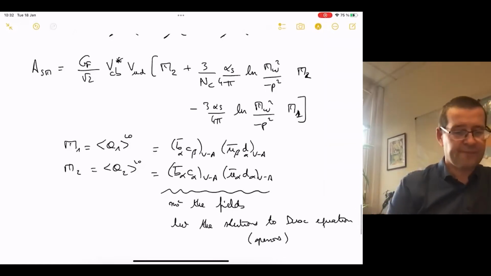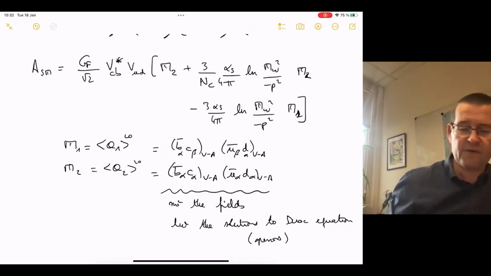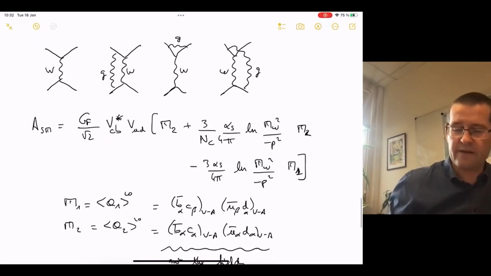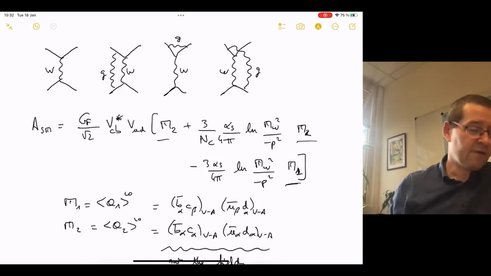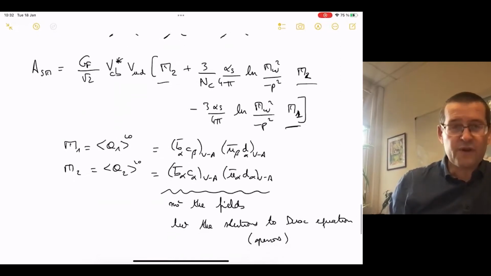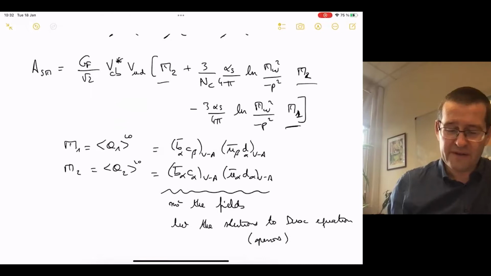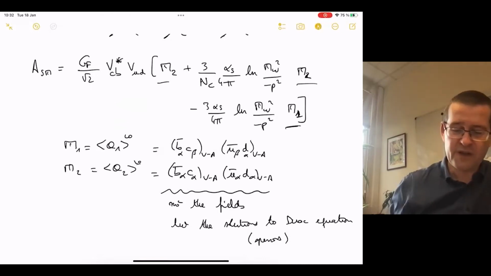You do have two contributions from the gluons, one corresponding to just the same structure as the initial one, and then at the first line, you get a structure that swaps the indices. So for the moment, we've done nothing. We've just computed in the standard model.